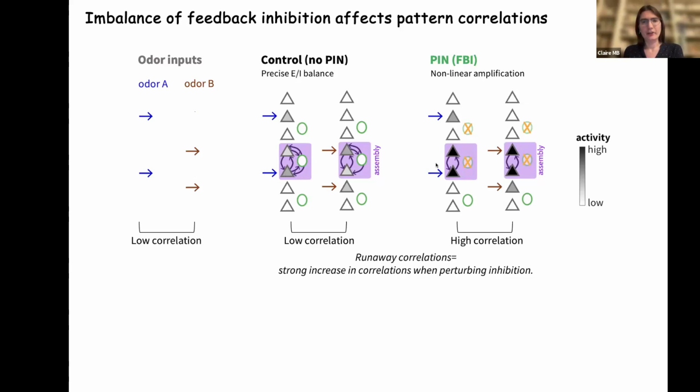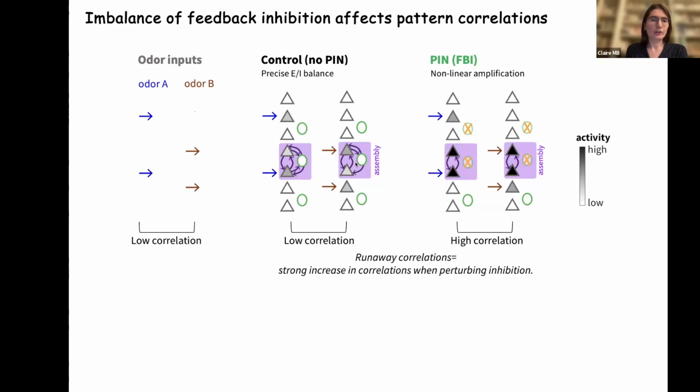As a consequence, the correlation between the patterns in response to odor A and B will strongly increase. And when inhibition is restored, the activity within the assembly will be lowered and the correlations will be lowered.